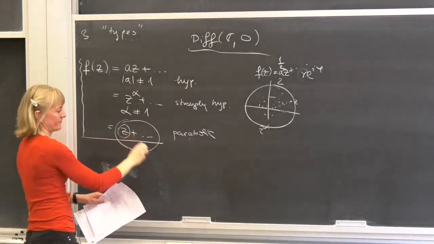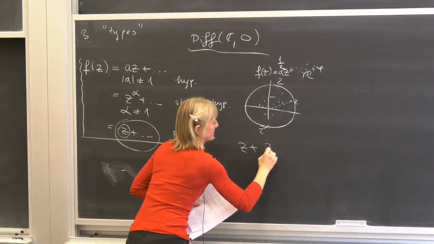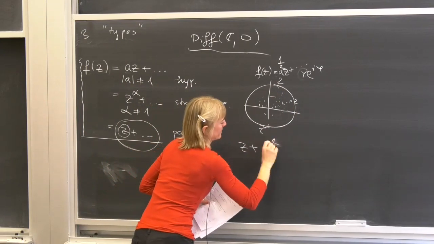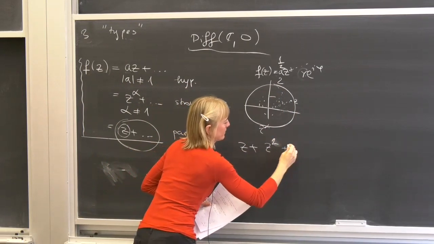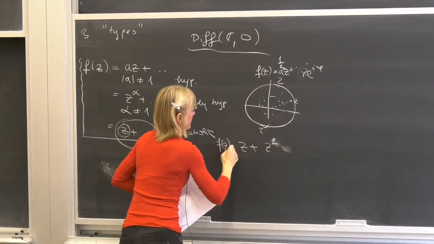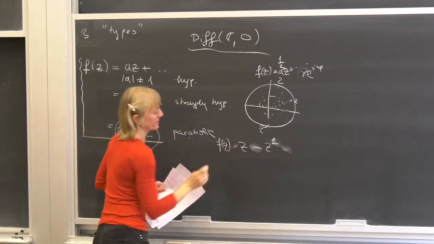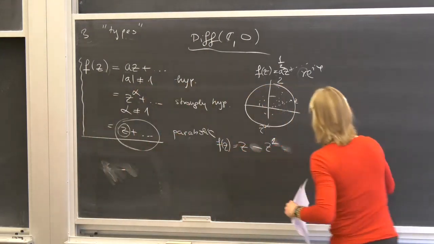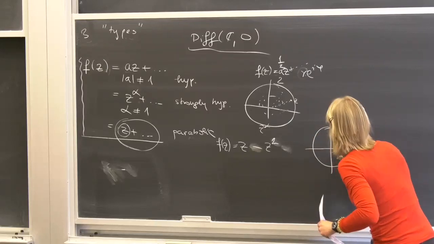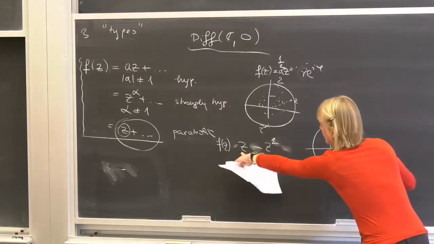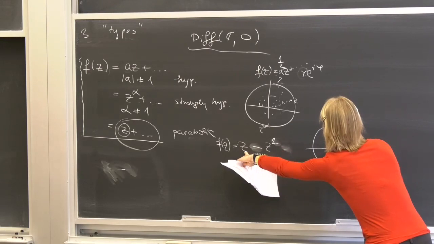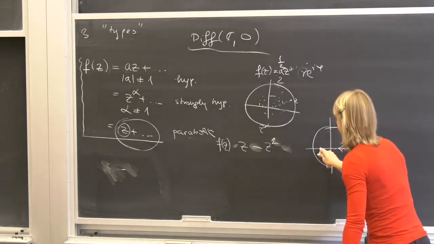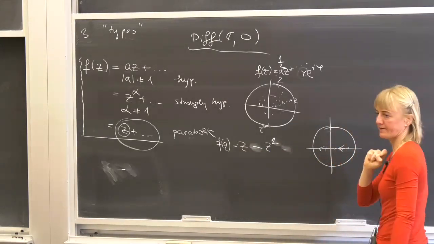But this germ, let's say z plus z^k, most easily z plus z squared, etc. I will put minus here. What happens is, if we take an orbit here, we see that it approaches 0, tap, tap, tap, tap, so this is attracting. If we take it here, it will be repelling.